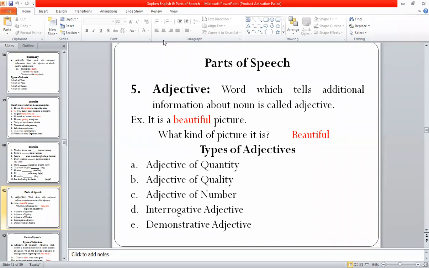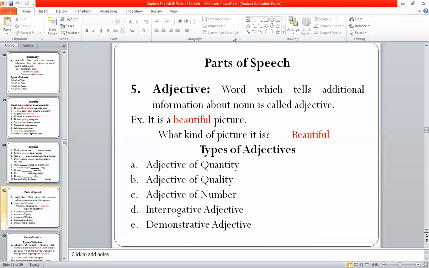That is why beautiful modifies the noun. Which is the noun in this sentence? Picture. Picture is the noun in this sentence, and beautiful tells more information about it.